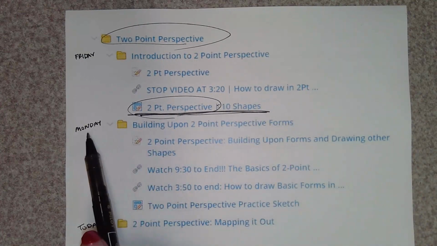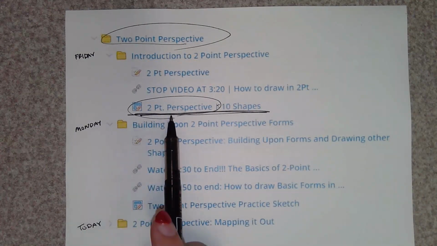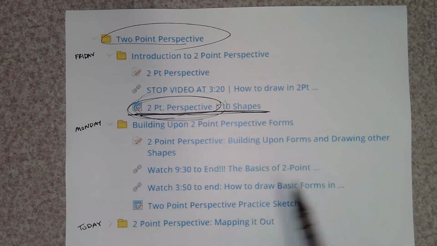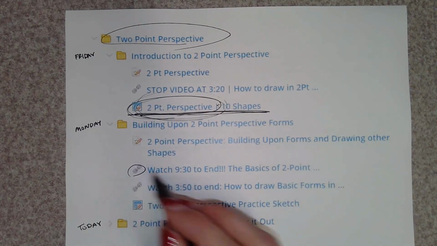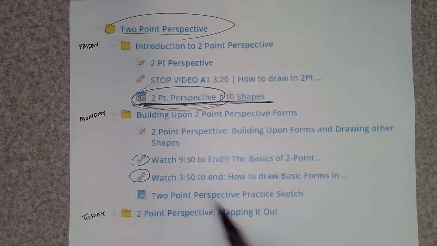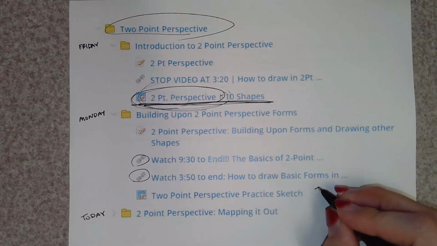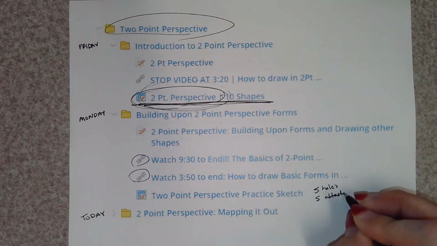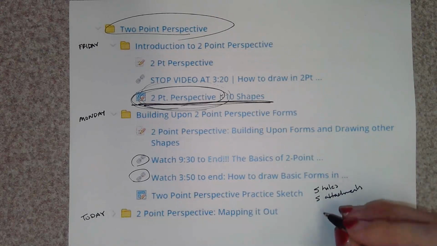Then yesterday, Monday, we built upon that, right? I told you to take those 10 cubes, rectangular prisms, watch this video, and then add on to it. So you should have added on 5 holes, 5 attachments, and 2 different forms.